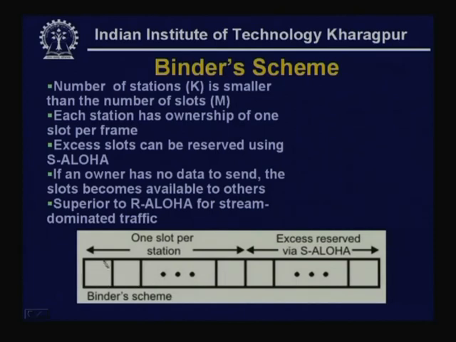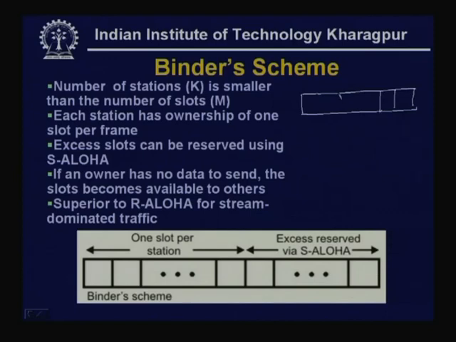That means some kind of implicit reservation is there. Implicit reservation of slots is provided because the number of stations is smaller, and extra slots are available in which transmission can be reserved by using slotted Aloha, as I have already mentioned. So, let us assume there are only 4 stations and there are 6 slots.